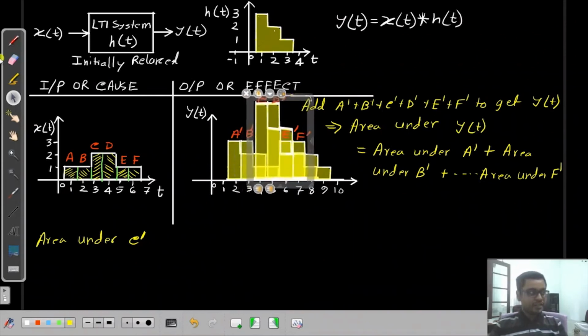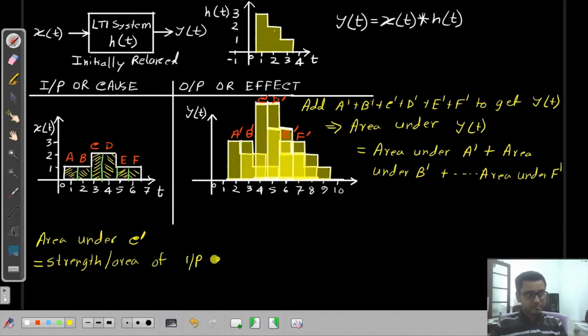So the area under C prime can be written as the strength or area of input C multiplied by the area under h.